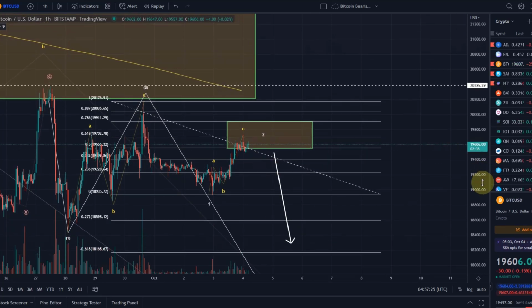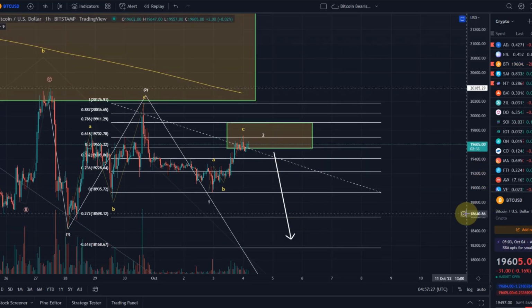Yeah, because always when the 78.6% Fib level gets broken, it is a strong indication that it might not work out as intended.